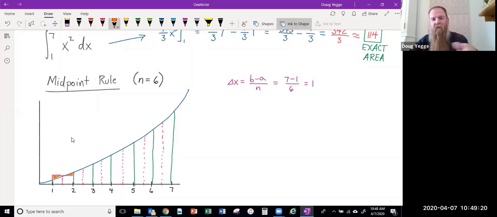So each one of these rectangles is kind of being close anyway, canceling out part of our under and over approximation. The midpoint will act as the height of each rectangle. And so you can see that when I'm drawing this, I'm just connecting each partition.